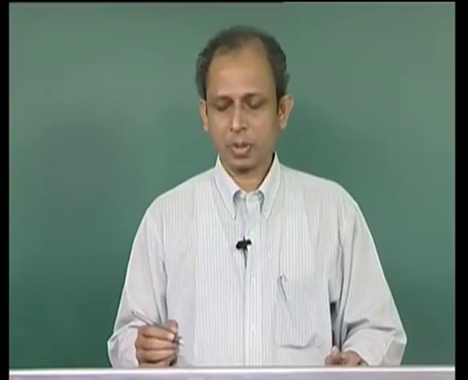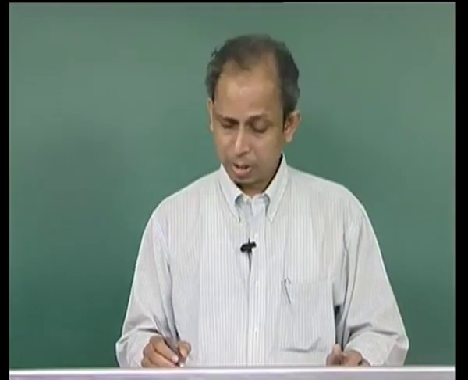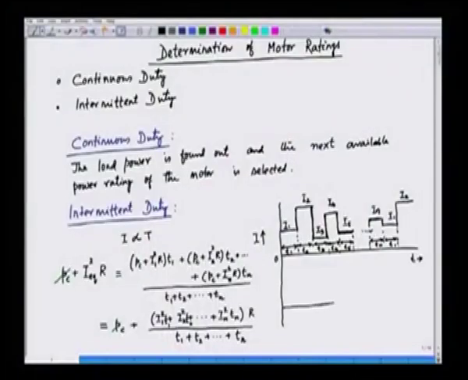If the current is not constant but fluctuating, we have a variation like this, which is basically changing like this.